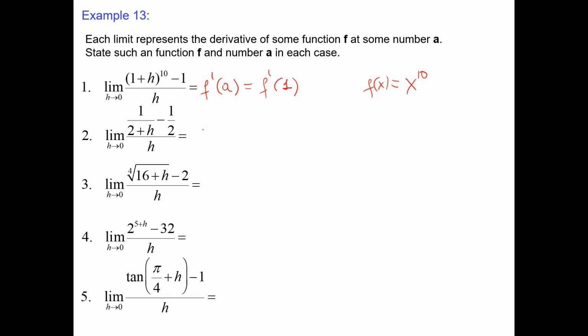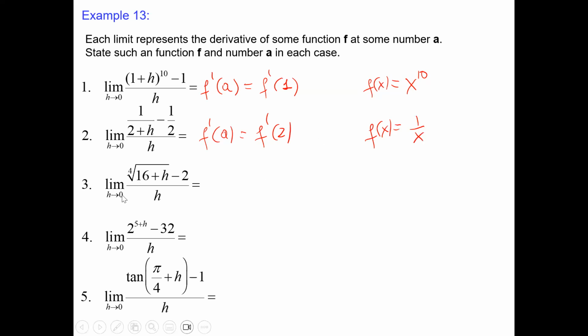Okay, limit number 2, h approaches 0, 1 over 2 plus h minus 1 over 2, over h. Derivative at a, and we may notice right away that a is 2. And the function is 1 over x.